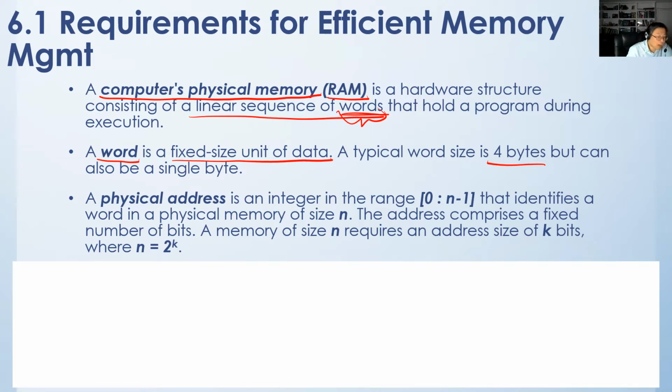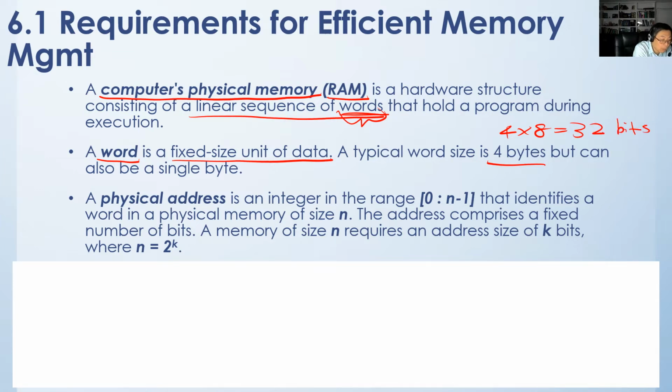So 4 bytes is basically 4 times 8, because each byte represents 8 bits. Each bit is just one digit that can store 0 or 1. It's binary, so it's only 0 and 1. So 4 bytes is basically 4 times 8, 32 bits.